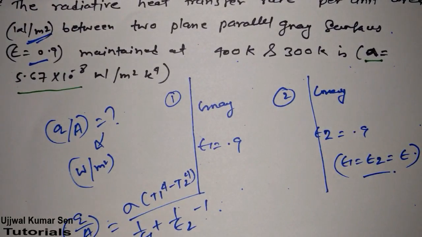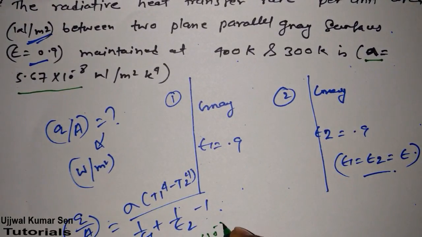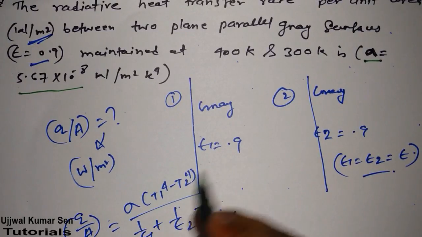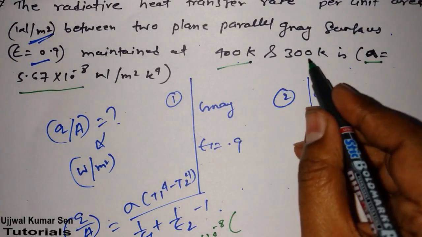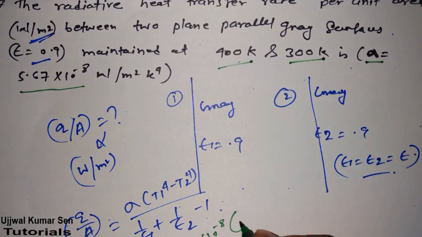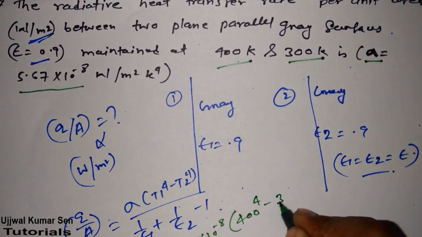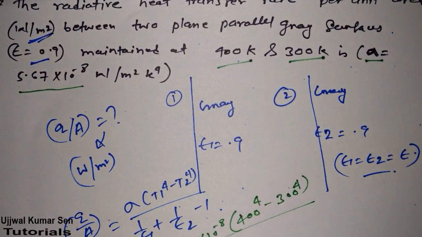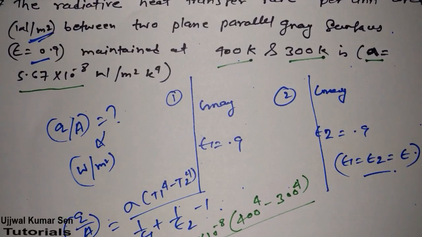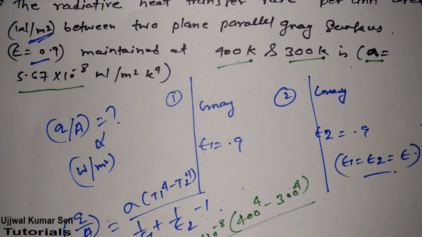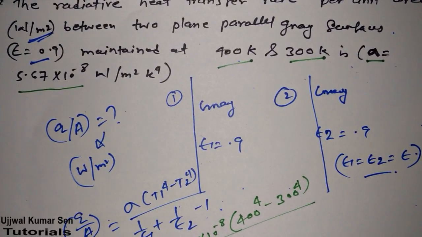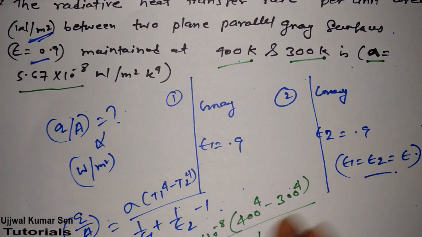So let's write 5.67 into 10 to the power minus 8. Now T1 temperature is 400 and T2 temperature is 300. So 400 to the power 4 minus 300 to the power 4. As I have already shared, the emissivity for both surfaces is the same, so 0.9: 1 by 0.9 plus 1 by 0.9 minus 1.